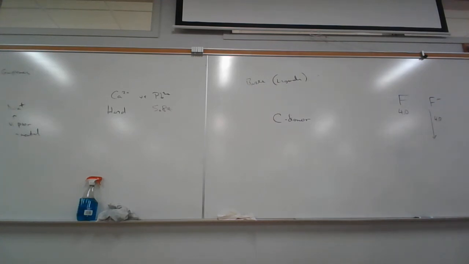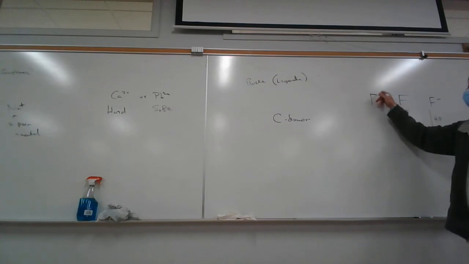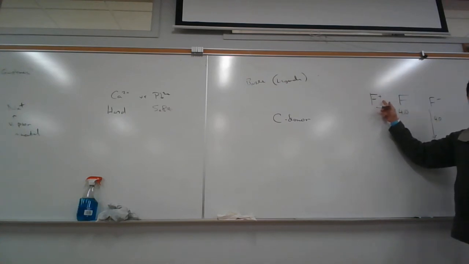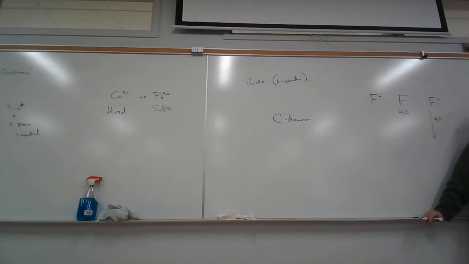For example, how electronegative is neon gas? Does neon want an electron? Not at all. Neon's already got a filled shell. Well, so does fluoride. So this is like noble gas electronegativity. But what if I had something like F+ with a positive formal charge or a positive oxidation state? What would its electronegativity be? Maybe you'd think it would be like oxygen, but there's a big difference.